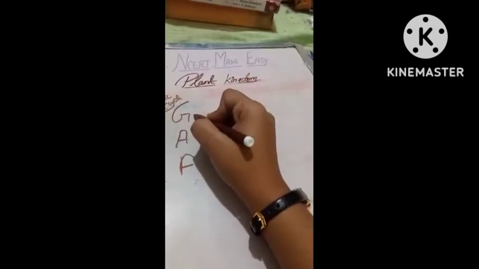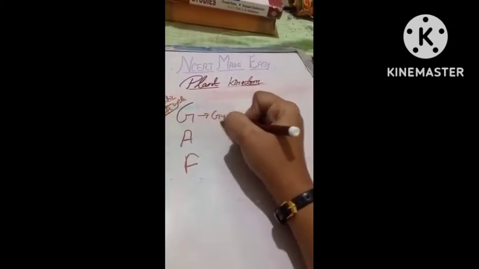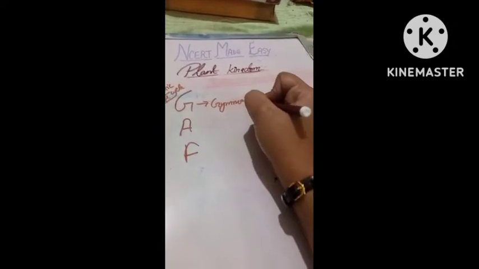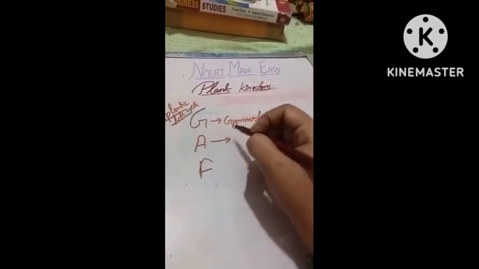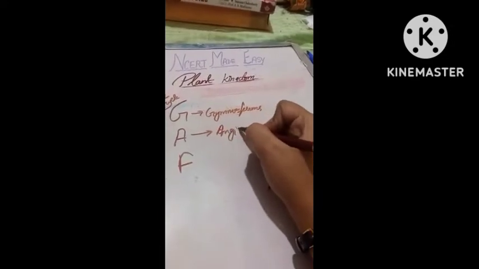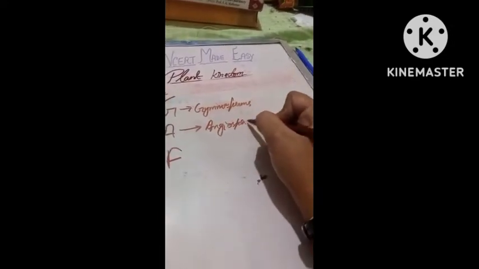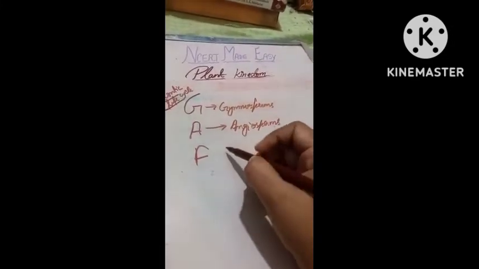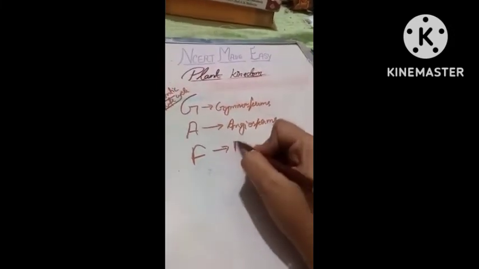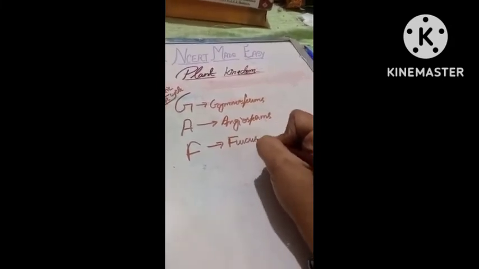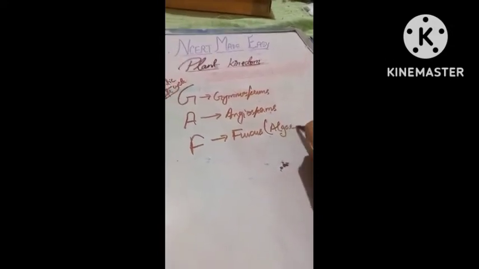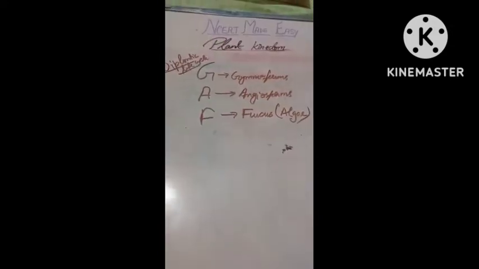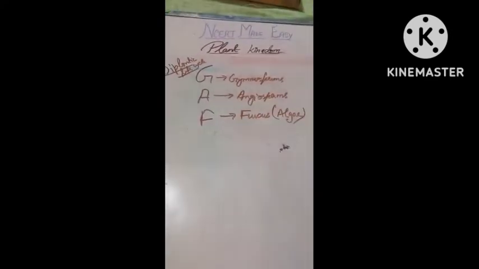G represents gymnosperms, A represents angiosperms, and F represents Fucus, which is an alga. So it's very easy to remember GAF. This is for diplontic life cycle.